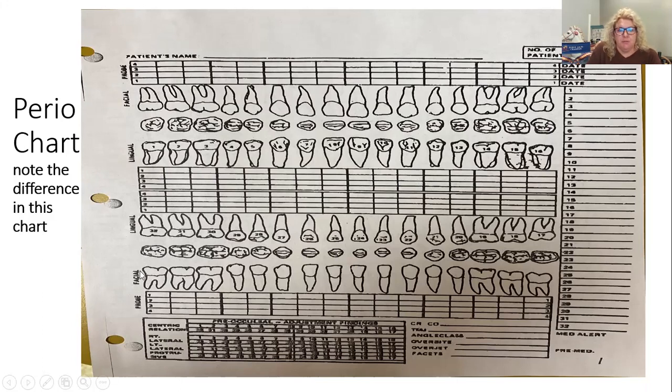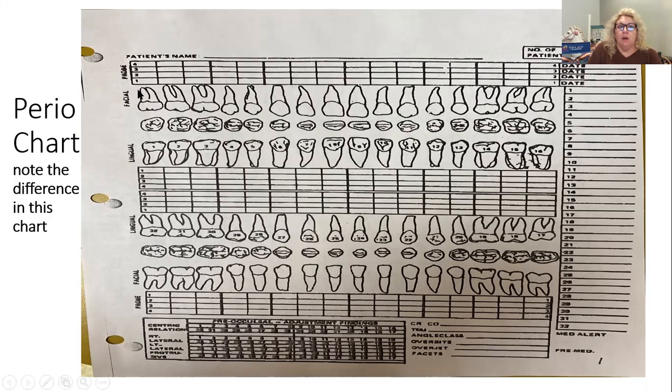Now, this is going to be different from hygienist to hygienist, doctor to doctor, their pattern, their routine. We are going to follow the same routine that we would prophying. So it's the same thing that we would do if we were prophying or even flossing somebody's teeth. I'm trying to keep it consistent for everybody.